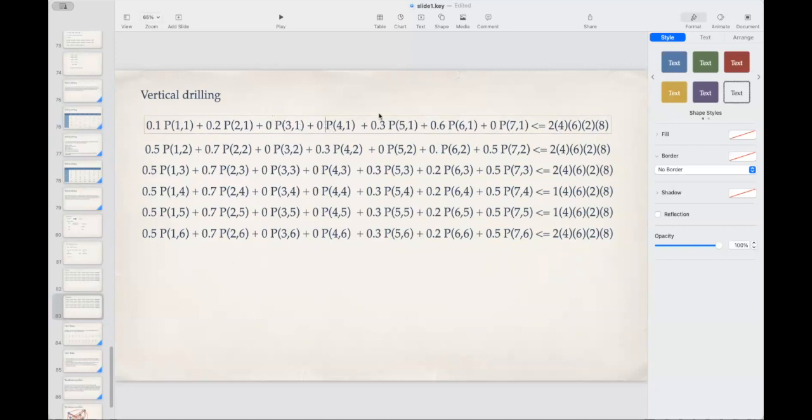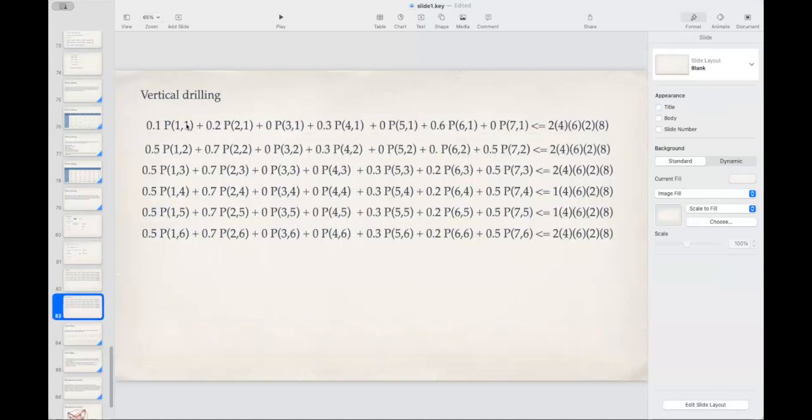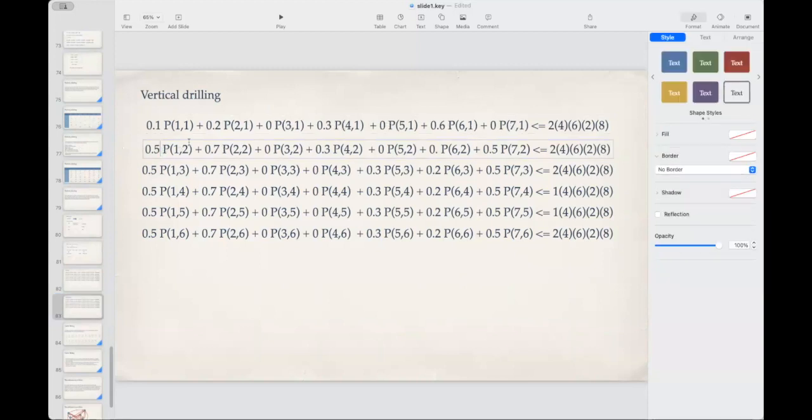What did I do? The first line, check the first line. Is it correct? It's okay. I checked it. 0.2, 0.3, and 0. Okay. 0.2, 0.3, 0, 0.3. This one is correct, right?